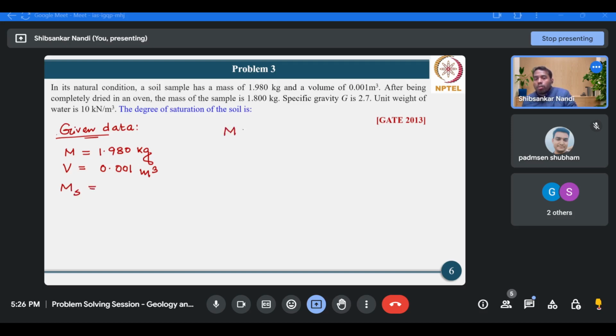So as you know that mass will also be contributed by three components: air, water and solid. Now mass of air is very negligible compared to MW and MS, so we can neglect this part. So only MW and MS are left behind.